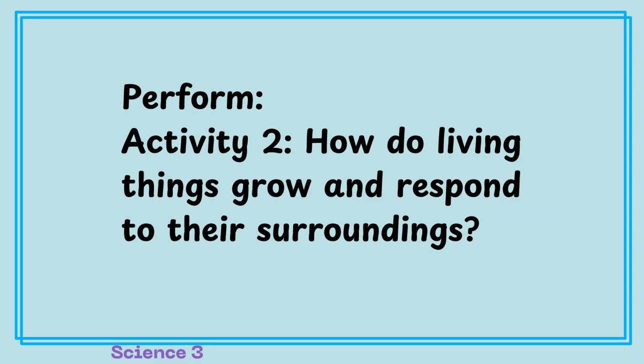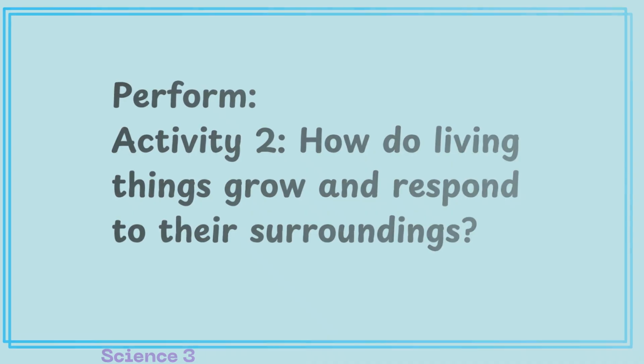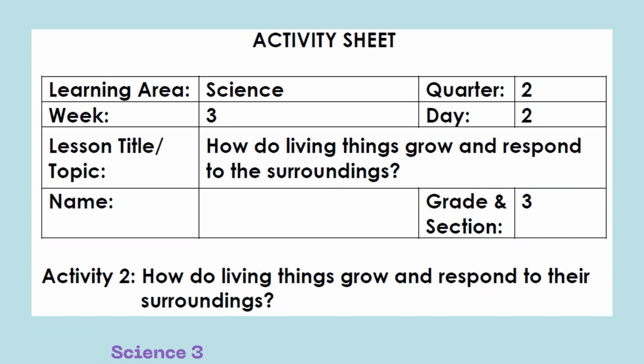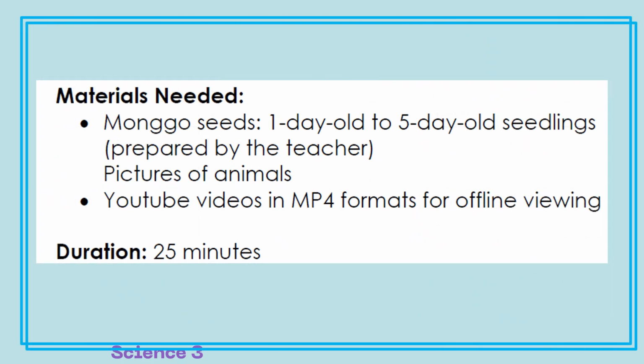Perform Activity number 2: How do living things grow and respond to their surroundings? This is your activity sheet. Materials needed: mango seeds, 1-day-old to 5-day-old seedlings, and videos in MP4 format.